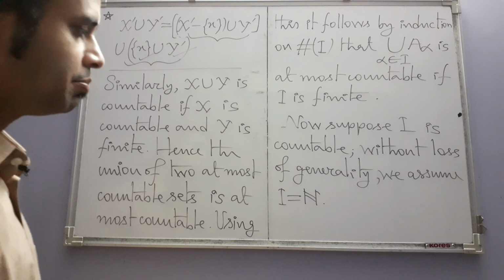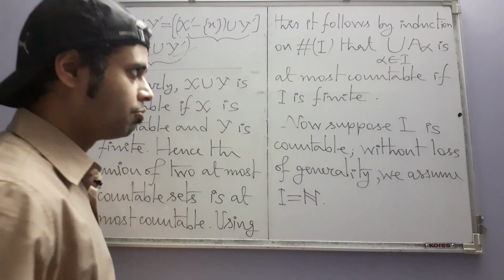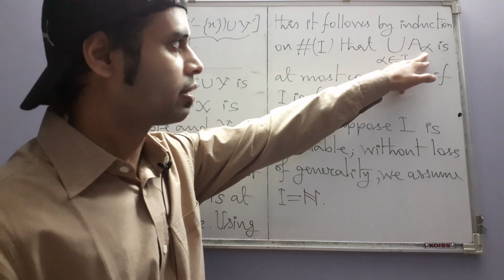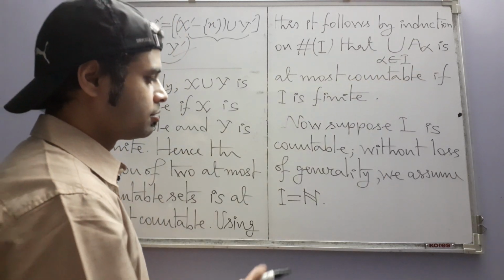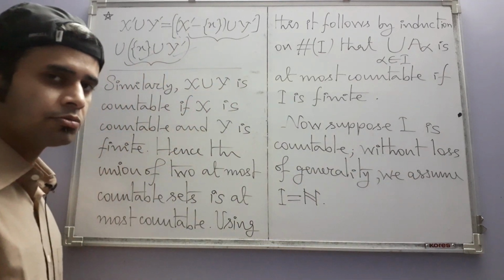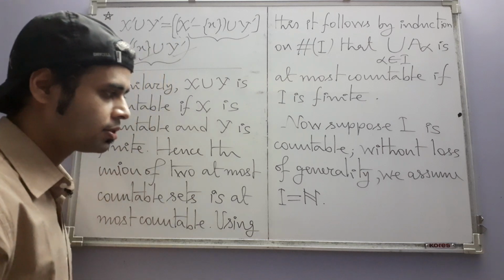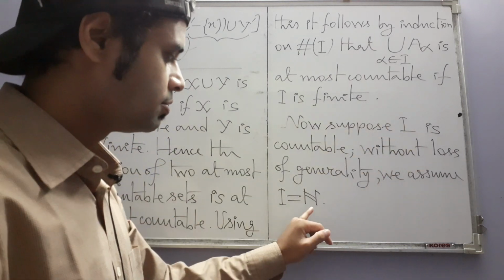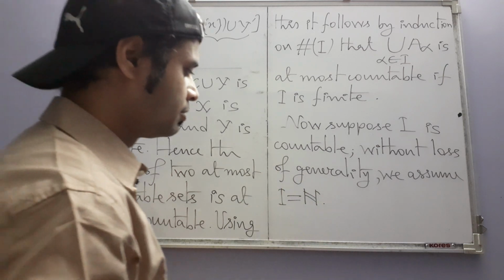Okay, how can we make this assumption without loss of generality? That's because you see, what is the purpose of I? The purpose of I is just to label the sets that we have in this union. So if you are considering I, where now we have this supposition that I is countable, then choosing I is as good as choosing N. But still it sounds somewhat vague.